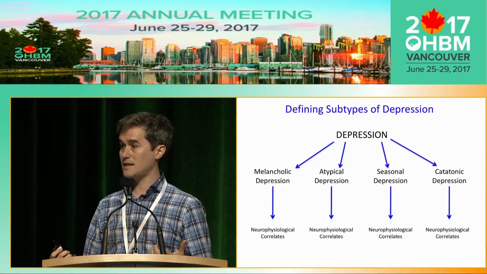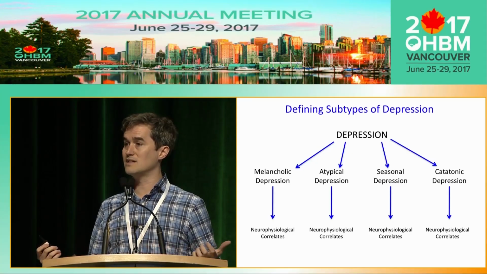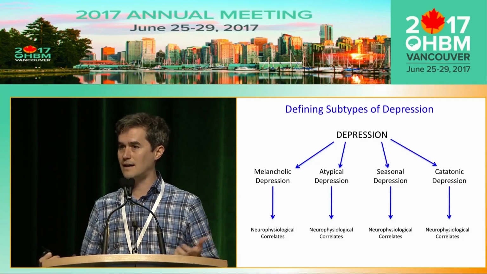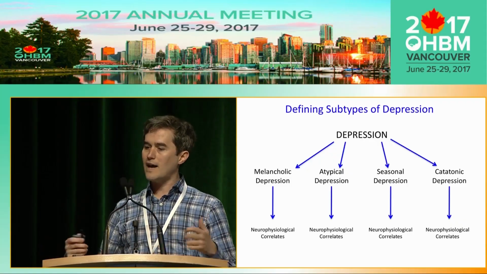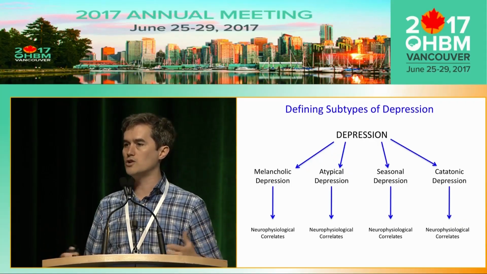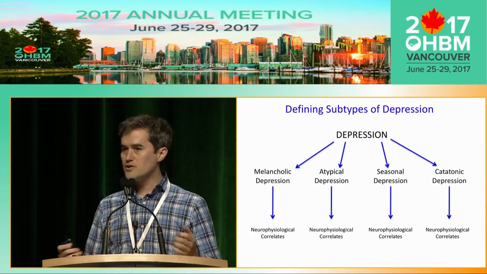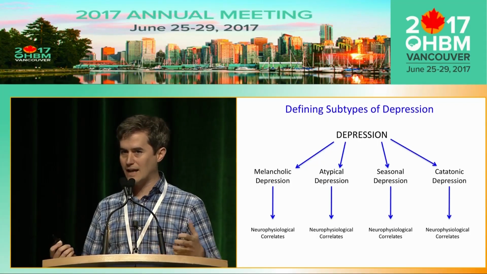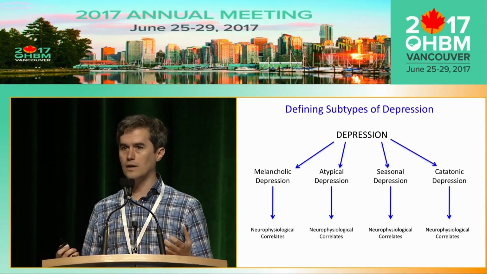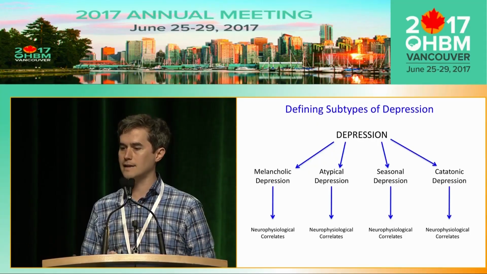And we've learned a lot from these efforts, right? Some of them, like seasonal depression, have seeped into the public lexicon. Everyone's familiar with it. But the fact remains that there's really still not a one-to-one correspondence between almost any biological measure and a diagnosis of depression that's useful in a widespread clinical context.